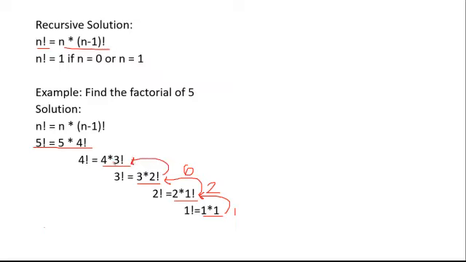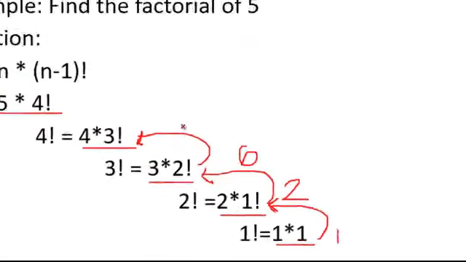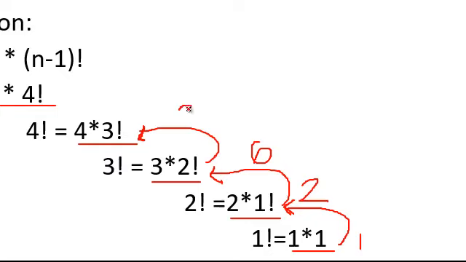Okay, so 4 times the factorial of 3, so we have 24, because 6 times 4 is equal to 24. Then we can now solve the factorial of 5. So 5 times the factorial of 4, we have 120.